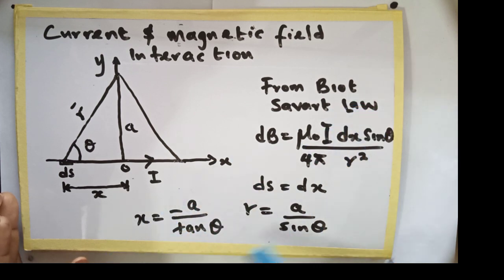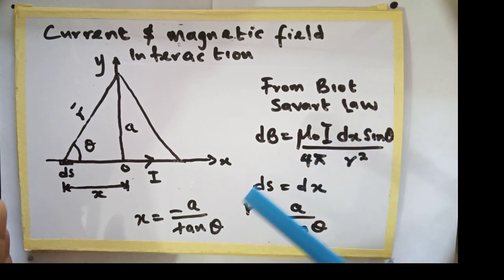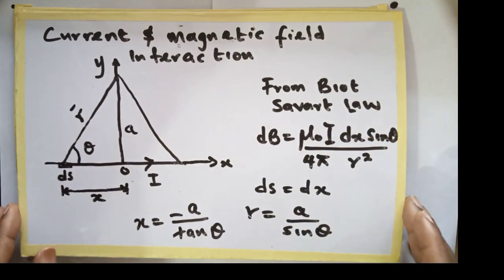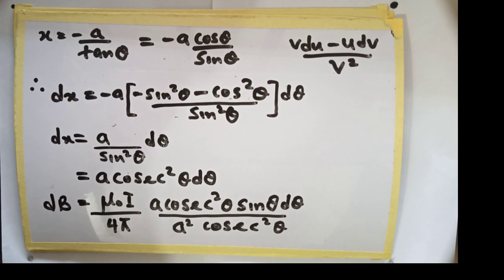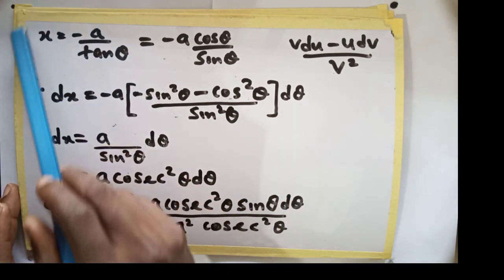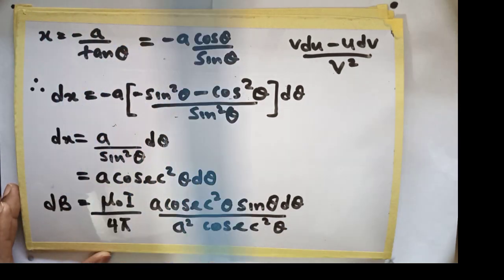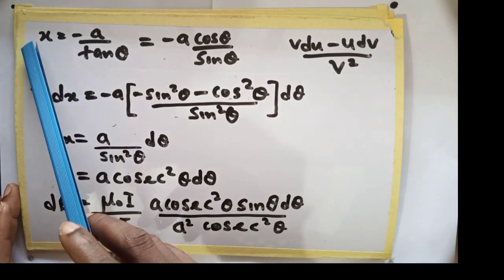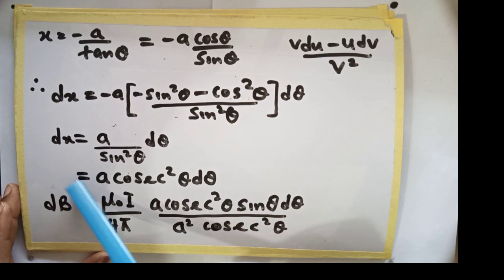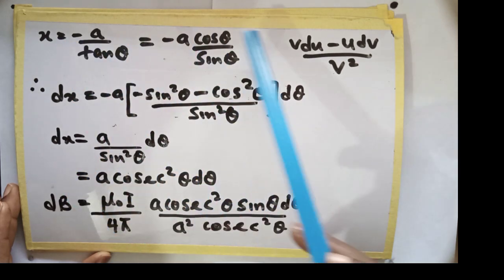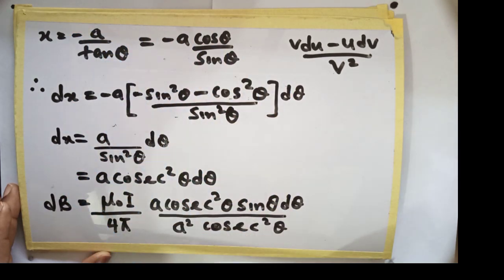So now that we have all these expressions, we substitute them into the original equation. The first thing is to differentiate this particular x with respect to theta, because there is dx in the previous equation. By the time you differentiate this one, you get this expression, and the steps go thus: a over tan theta is the same thing as cos theta over sine theta.